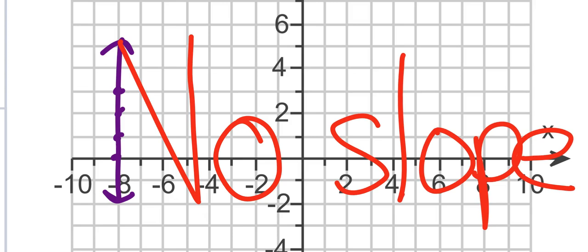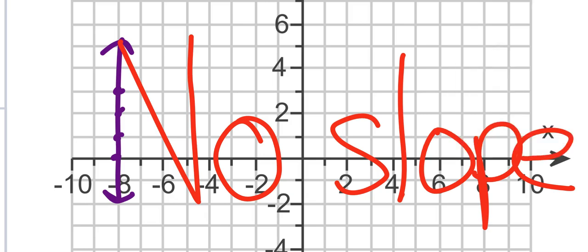Okay, undefined, if you remember that term, that's the same thing as no slope. So when I was growing up, this is what my math teacher taught me. Vertical line, capital N, no slope. Okay?